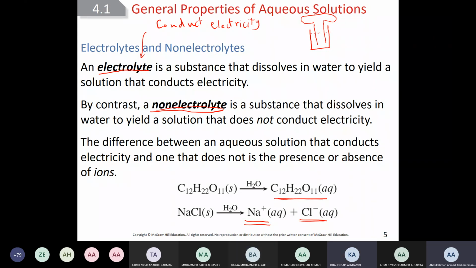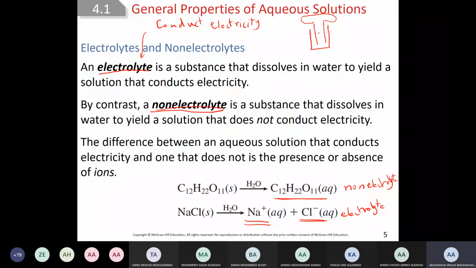Non-electrolyte. Okay, how about NaCl in water? Electrolyte. Good? Clear?